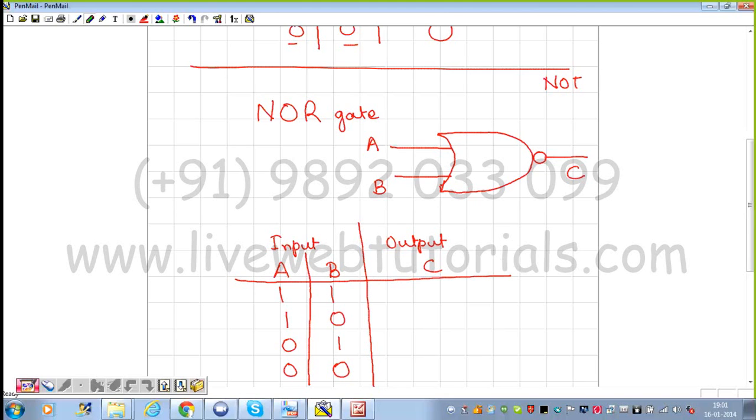It's going to be exactly reverse of OR gate. This will be 1, rest all will be 0. This is the truth table for NOR gate.